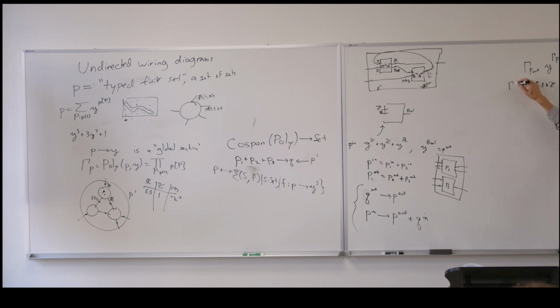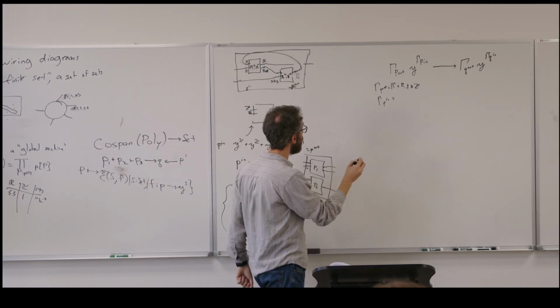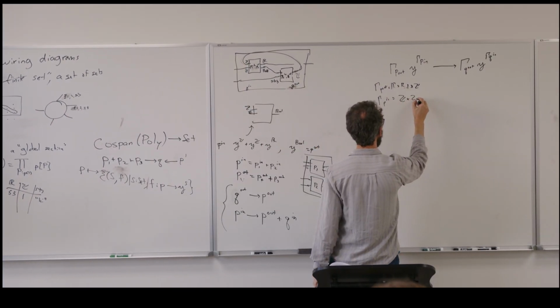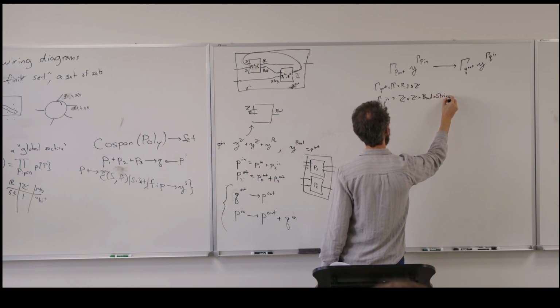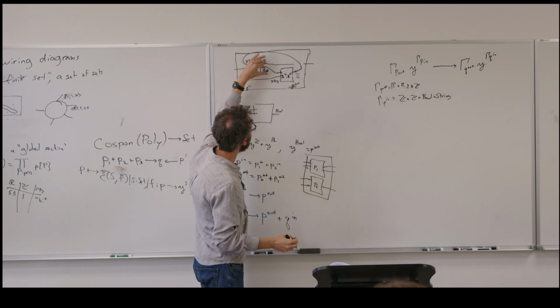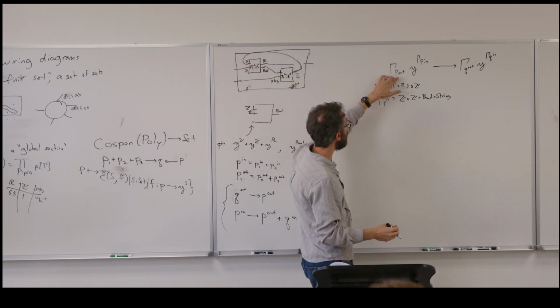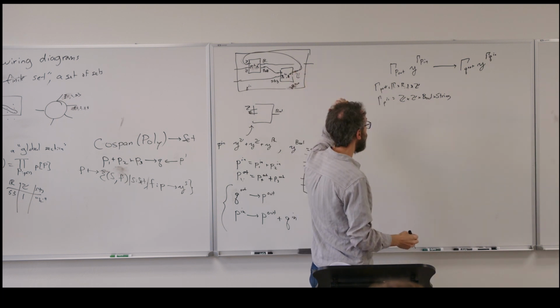That's global sections of P out. And global sections of P in is the product of this, this, this, and this, which is z times z times z times z times bool times string. And this thing is going to tell us, given an output of the P's, I get an output of the Q's, and vice versa.